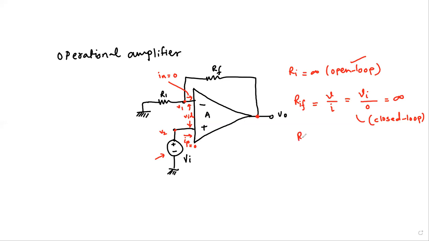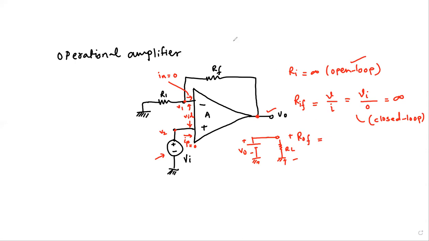Similarly, for the output resistance, which is right over here, the output voltage of the operational amplifier serves as an ideal voltage source, which can be connected to the load over here. Okay, so we see that there is no resistance, and all the voltage VO appears across the load resistance RL.